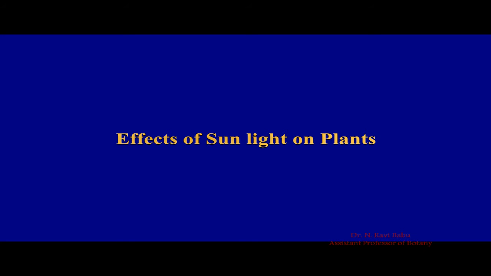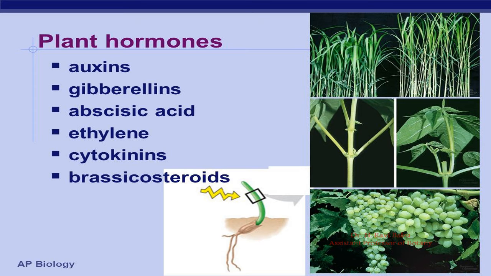Now, we are going to continue our discussion with regard to the effects of sunlight on plants. Of course, friends, in my earlier episode, I concluded with the physiological effects of the oxygen hormone.